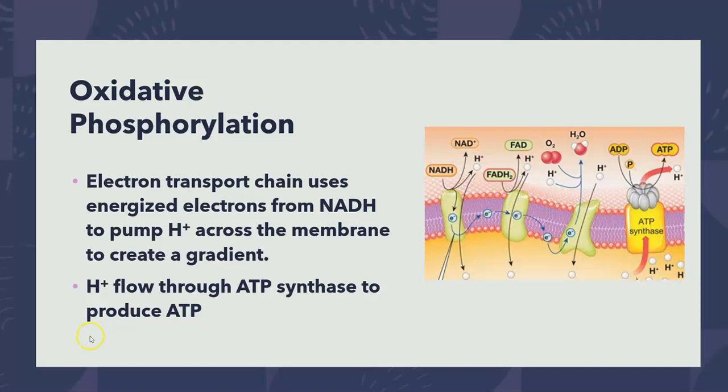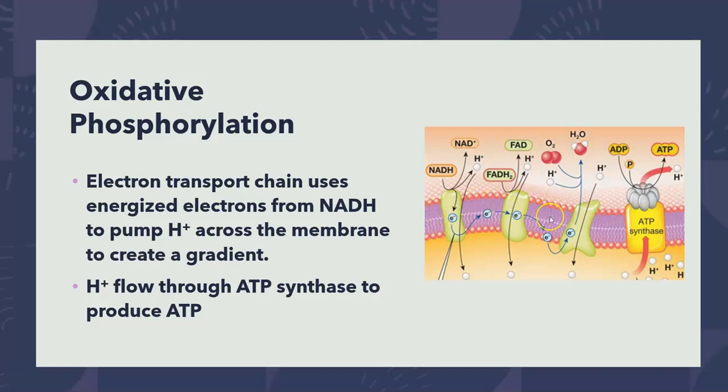This is where we get all of our ATP from: these hydrogen ions diffusing back across the membrane through this ATP synthase enzyme. And that helps to attach the phosphate to the ADP to make ATP. I know this seems very complex, but just keep some basics in mind: we're using energized electrons that we've created all along.